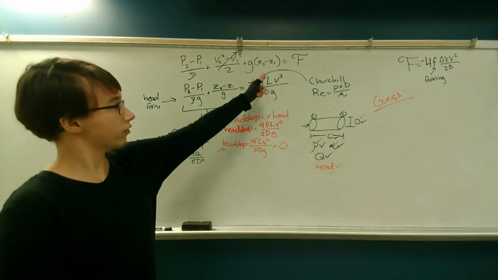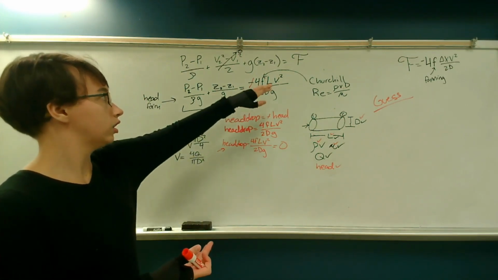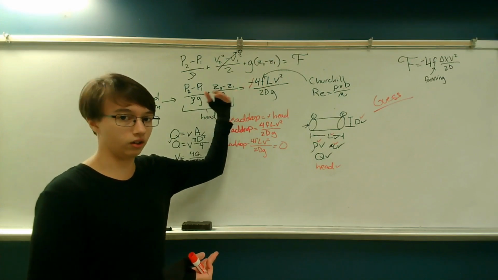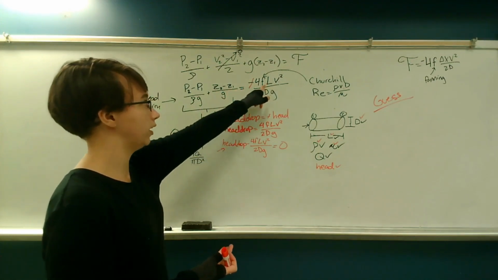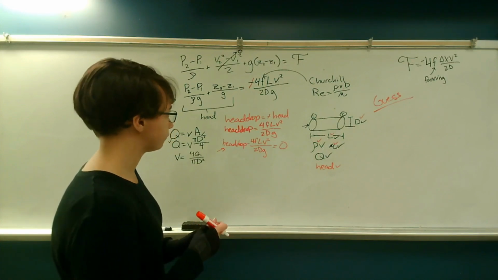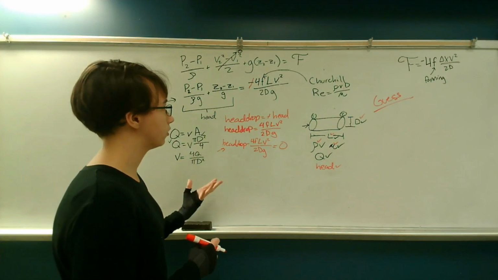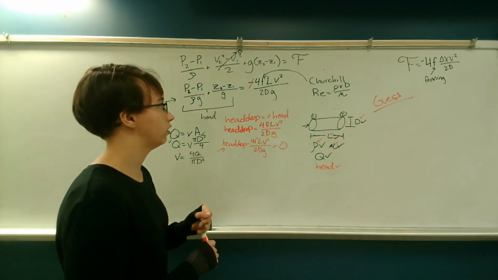However, fanning friction factors have a very small range of values that it could be. So it's easier to get an order of magnitude correct if we guess the fanning friction factor. So we're going to guess the fanning friction factor.